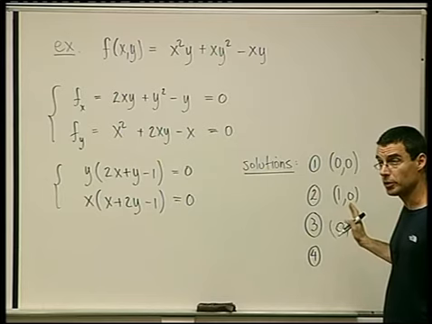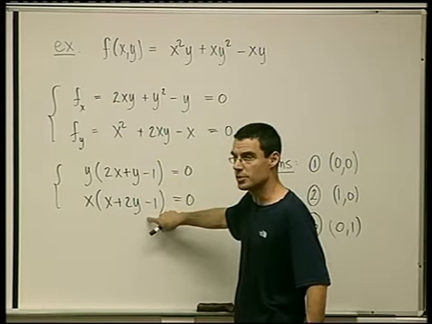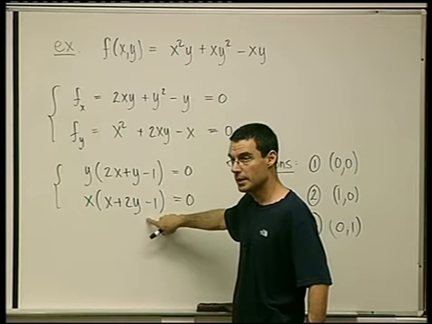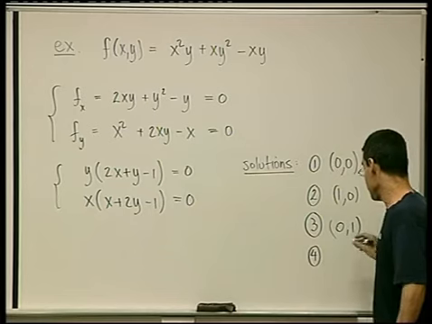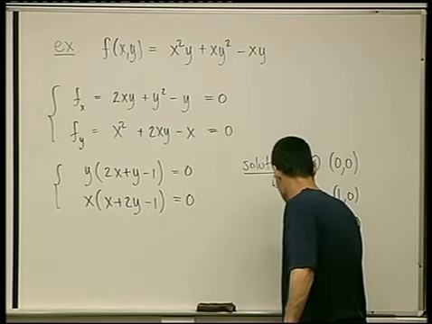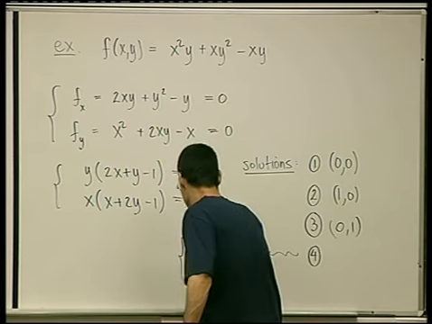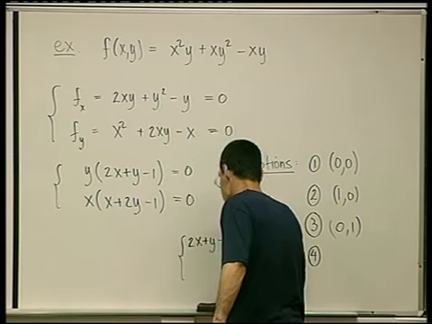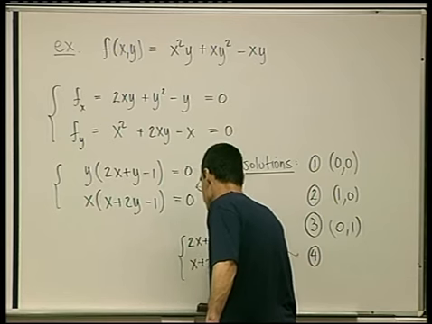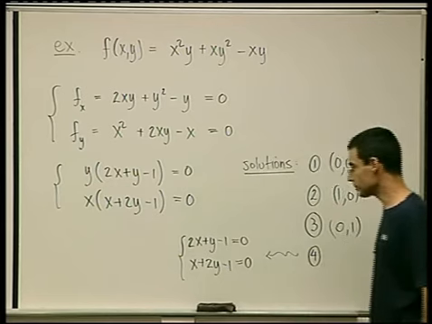And there's going to be a fourth solution, and that's the last one. There are only going to be 4 solutions, where both of these expressions in parentheses are 0. And that's the only one we need to work just a bit more to find. So the fourth solution is going to be generated by the system: 2x plus y minus 1 has to be 0, and x plus 2y minus 1 has to be 0.